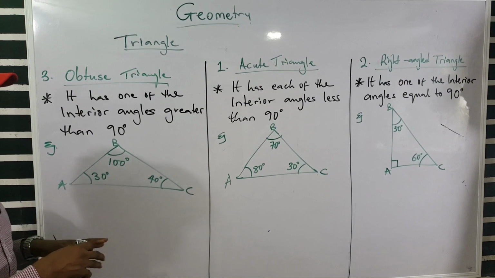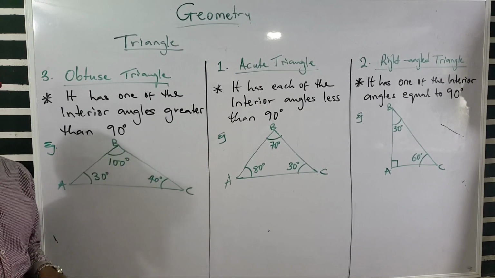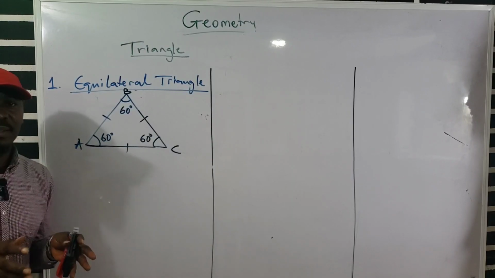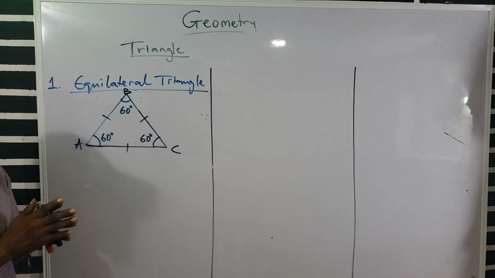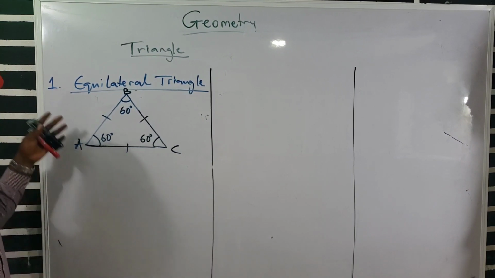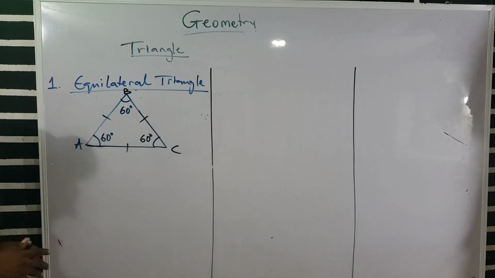So let us look at different triangles based on their sides, starting with the equilateral triangle.